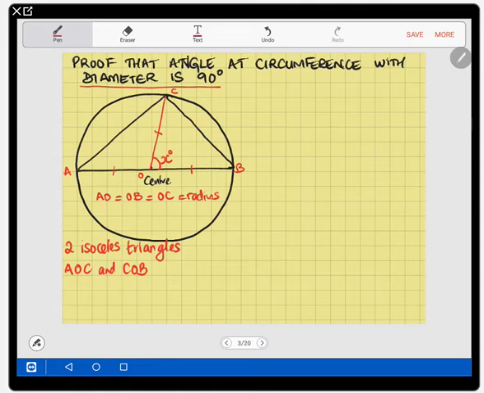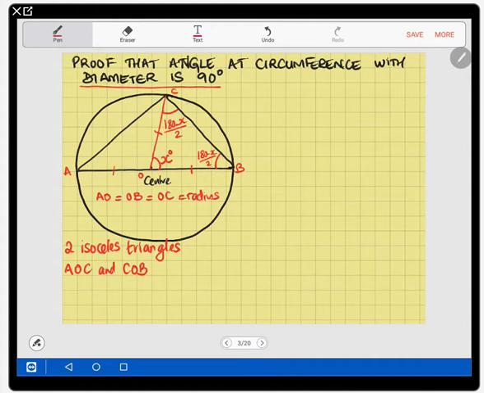Therefore this angle and this angle would be what? 180 degrees minus X, divided by 2. Right, you agree with me?